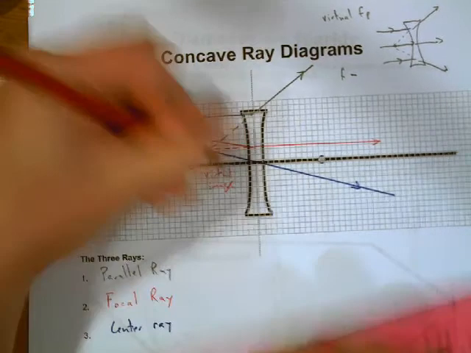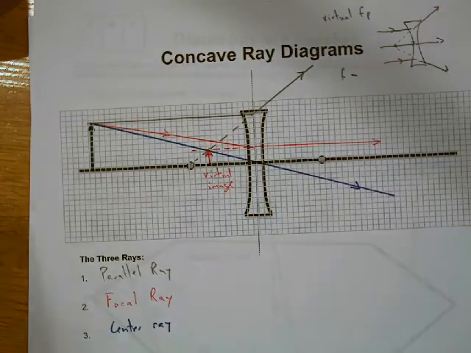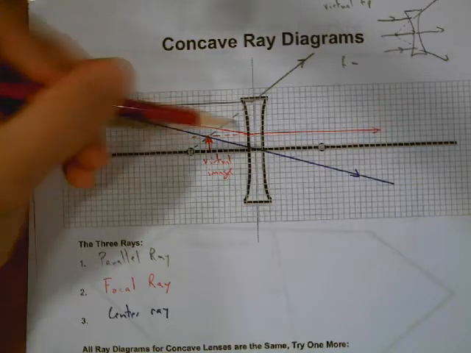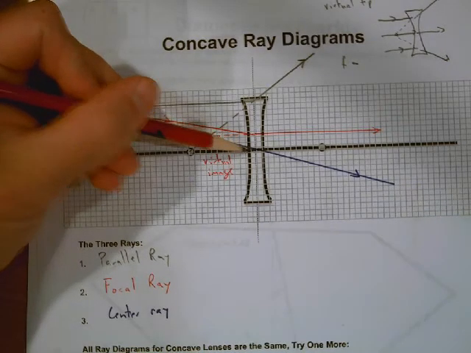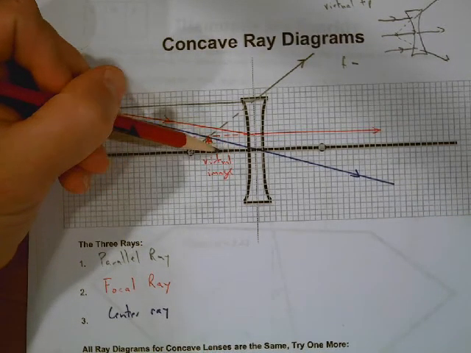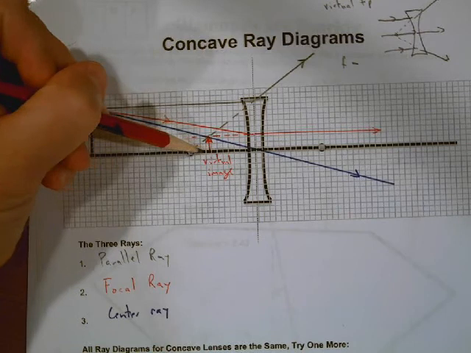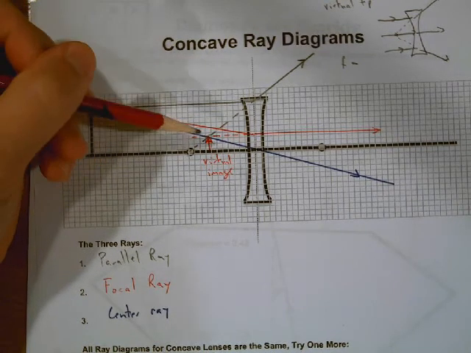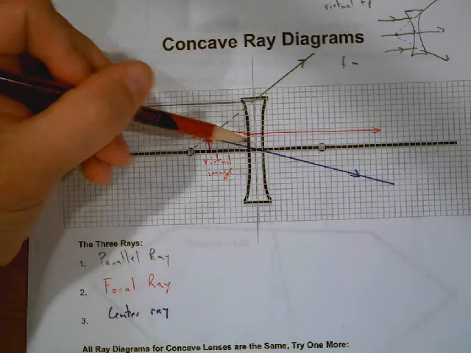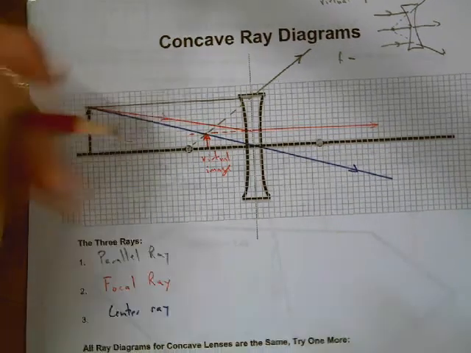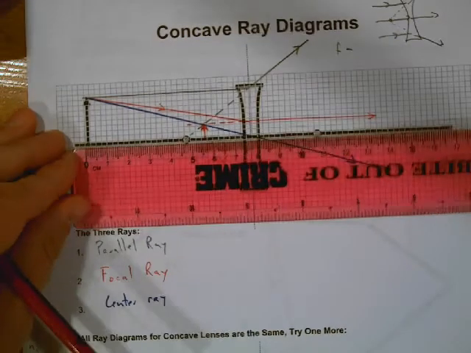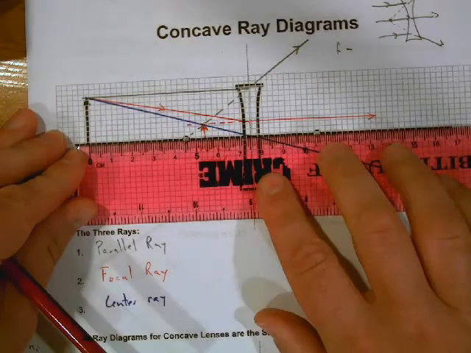Virtual image. Okay. And then if I wanted to use the lens equation, I'm assuming this is 11 still. 1, 2, 3, 4, 5, 6, 7, 8, 9, 10, 11. Oh, it's not exactly 11, but it looks like it's 12. I don't know. You know what? I'm going to use centimeters because I'm getting tired of counting boxes. So let's use centimeters.